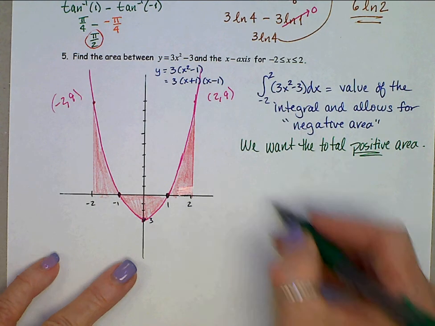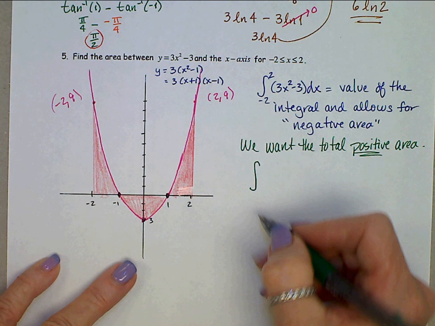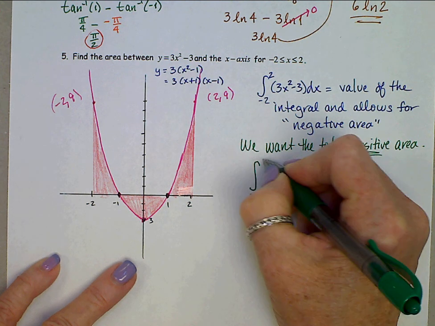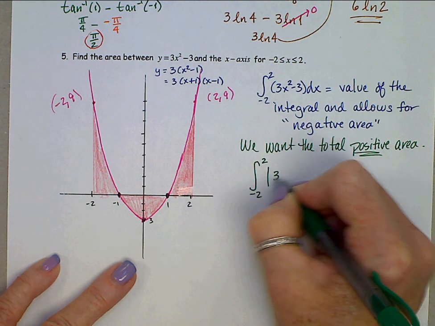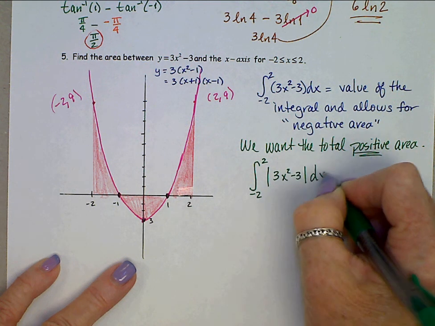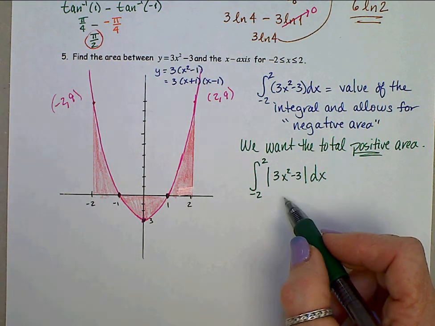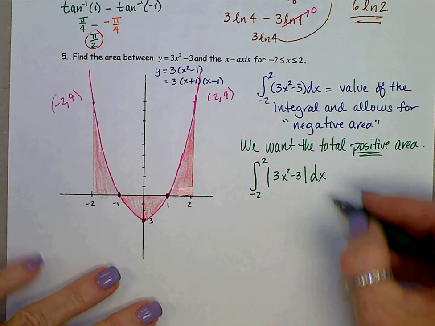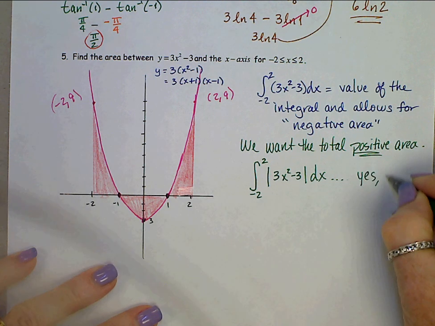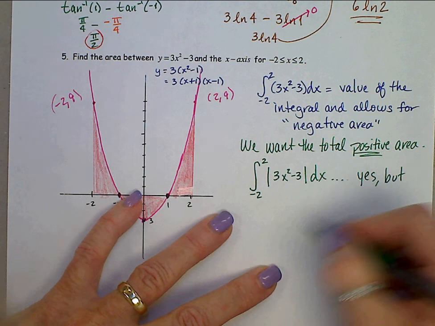All right, now we could, and we talked about this last week, we could do the integral from -2 to 2 of the absolute value of 3x squared minus 3 dx. Absolutely, that will give us the area, but you would have to do this on a calculator. And we're doing this by hand.